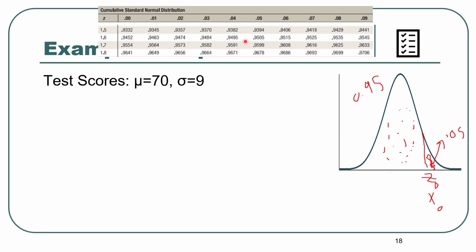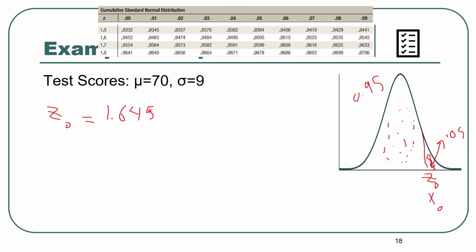Because of this, I'm just going to report that z naught as the average of the z's associated with these two values, 1.64 and 1.65. Getting the average of these two will make my z naught equal to 1.645, just exactly in the middle between these two.